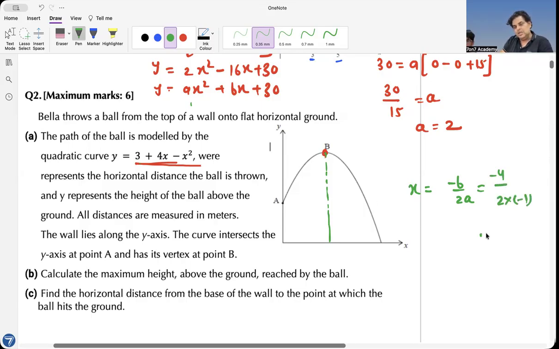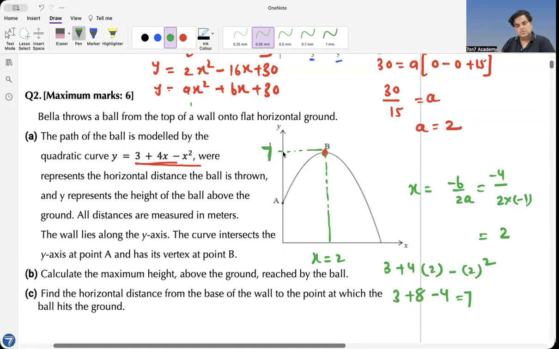Agree? So x is 2. If you want the corresponding y value, you have to substitute the x value into the original equation. So 3 plus 4 into 2 minus 2 square, 3 plus 8 minus 4, so 7. This value is 7.